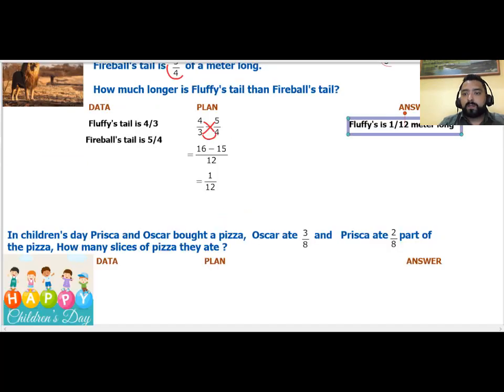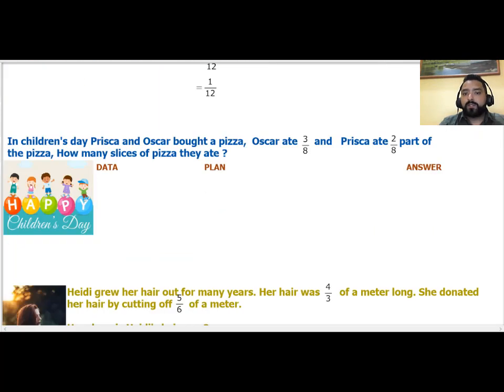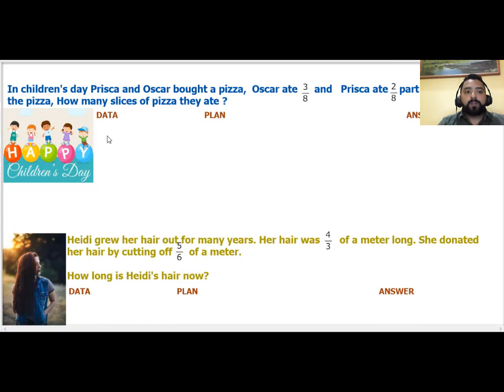Okay, now the second example is about Children's Day. In Children's Day, Priska and Oscar bought a pizza. Oscar ate 3/8 and Priska ate 2/8 of the pizza. How much pizza did they eat? So we're going to have our data.